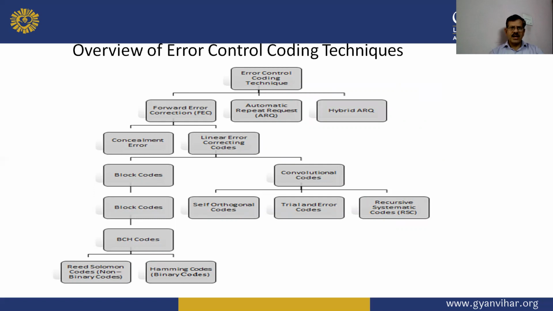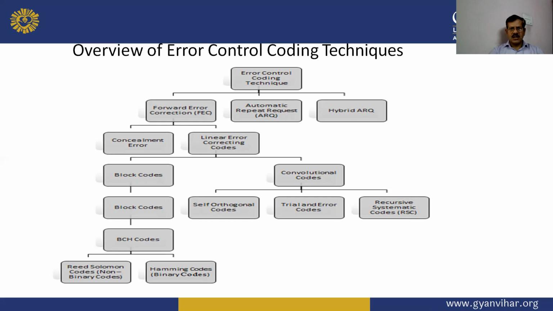Also, forward error correction is divided into two parts. First one is concealment error and second is linear error correcting codes. Linear error correcting codes are again divided into two parts.